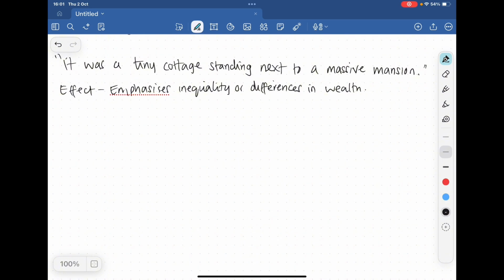Another one that we could use here could be: the baby laughed while the old man cried.